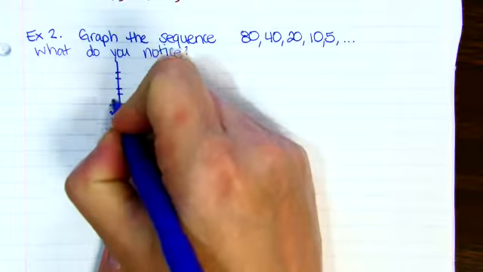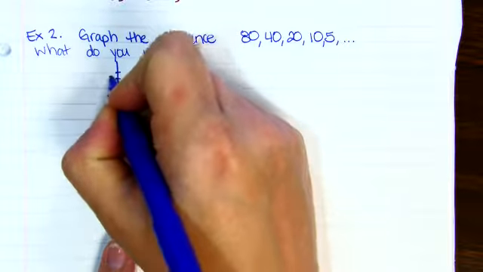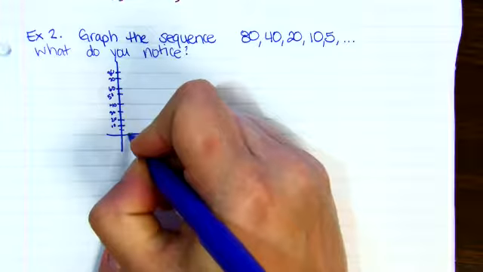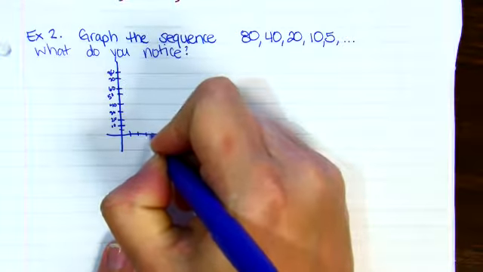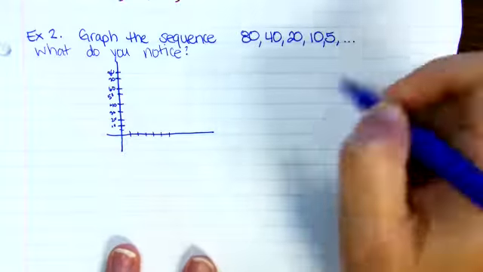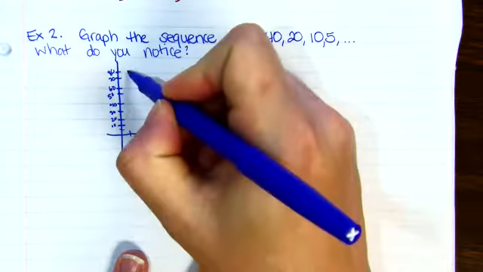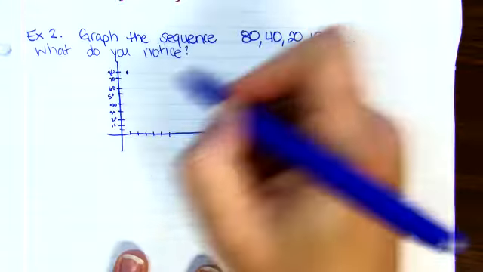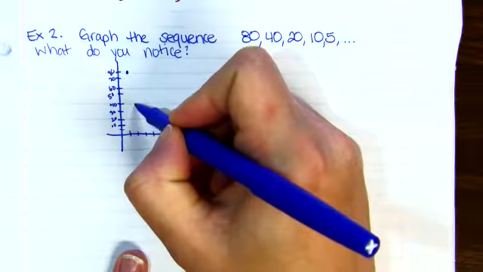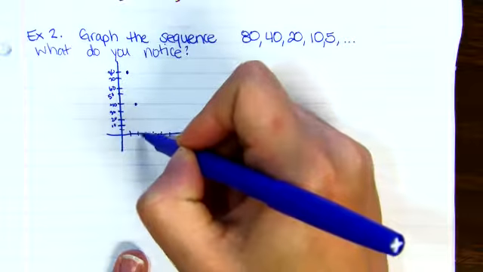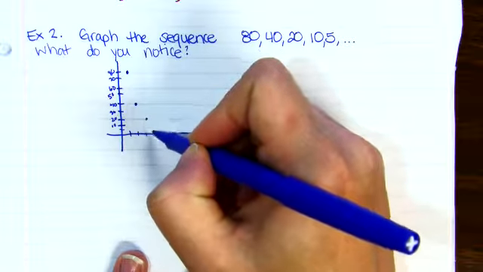So we're going to count by tens. And then this will be my first term, second term, third term, fourth term, fifth term, sixth term, etc. So 80 is my first term, that's up here. 40 is my second term, that is going to be right about there. 20 is my third term.